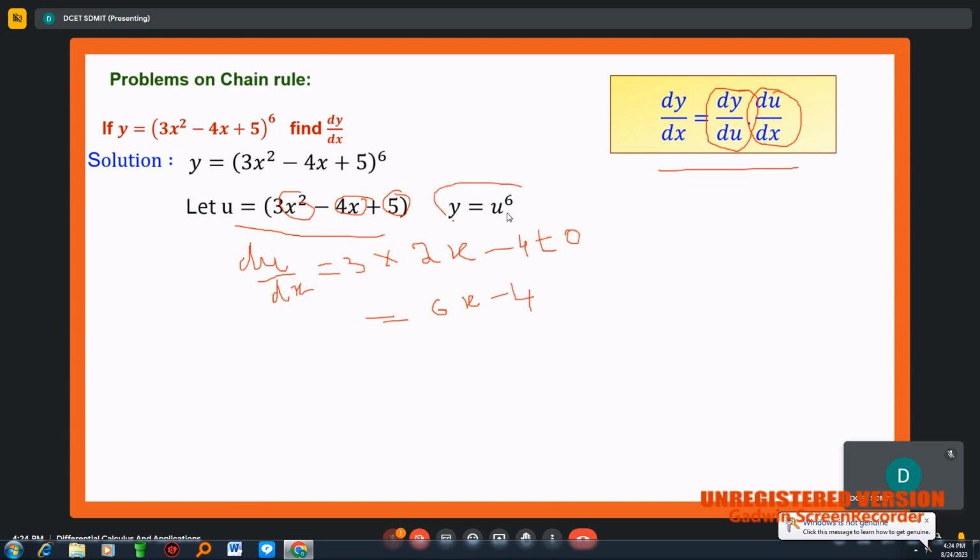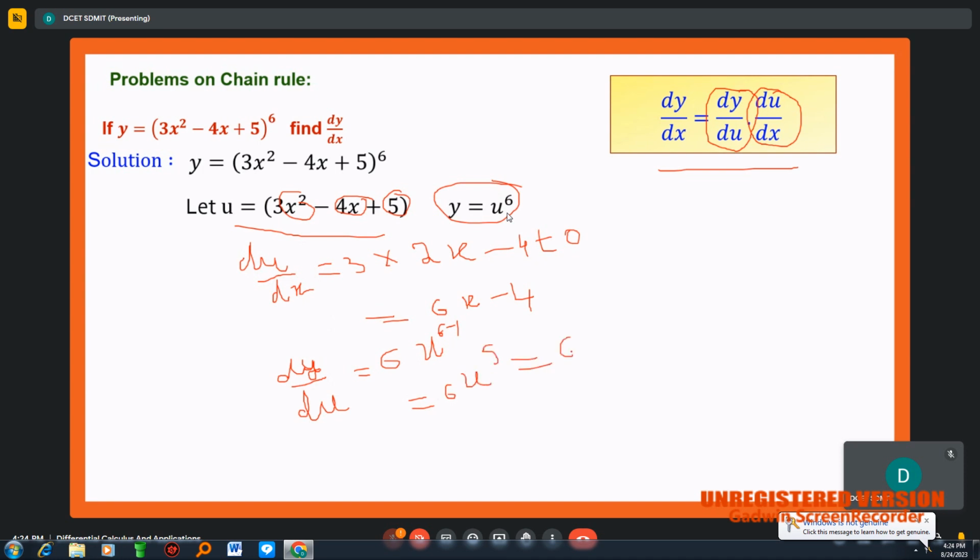Next, the y function. y is equal to u to the power of 6. We have to differentiate the y function with respect to u, that is dy/du. Applying the power rule, the derivative of u⁶ is 6 into u to the power of 6 − 1, which is 5.